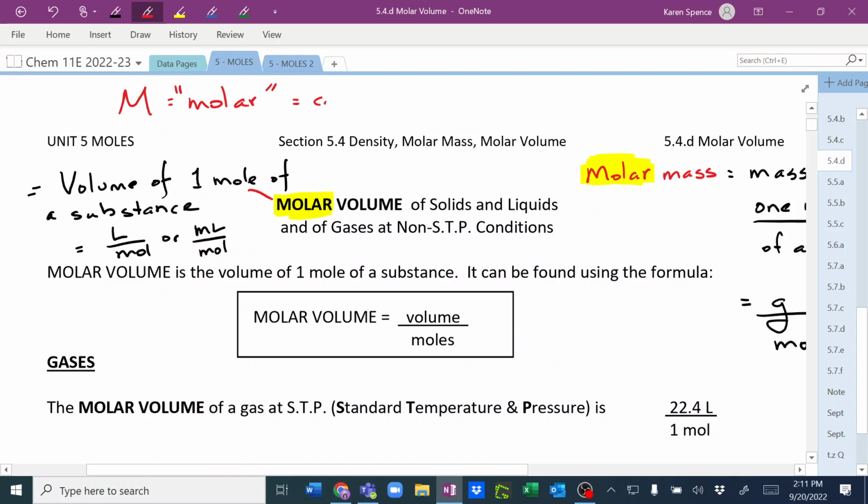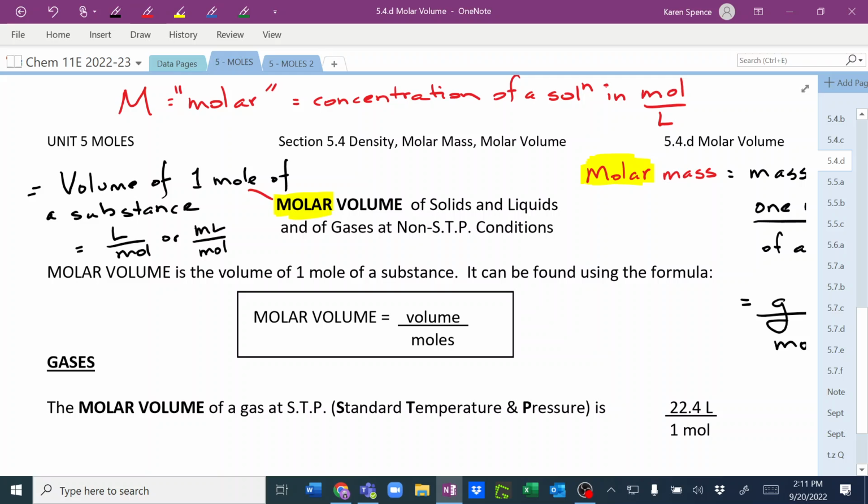It means the concentration of a solution in moles per liter. So we've seen the word molar in 3 contexts now.